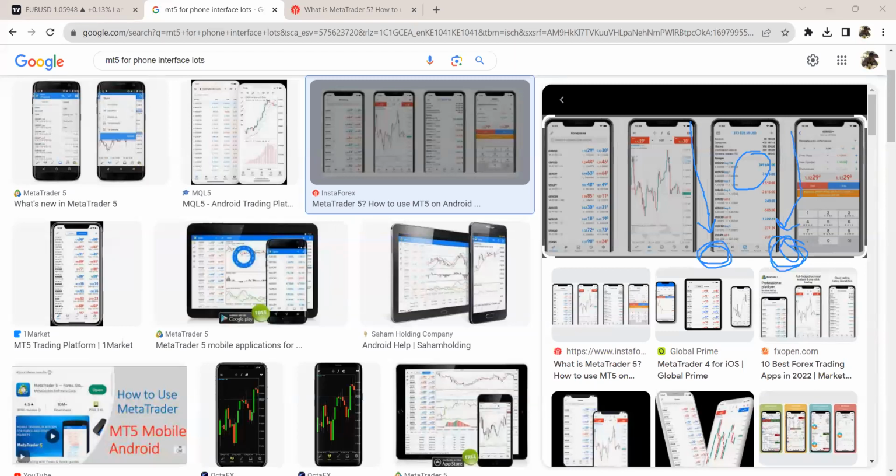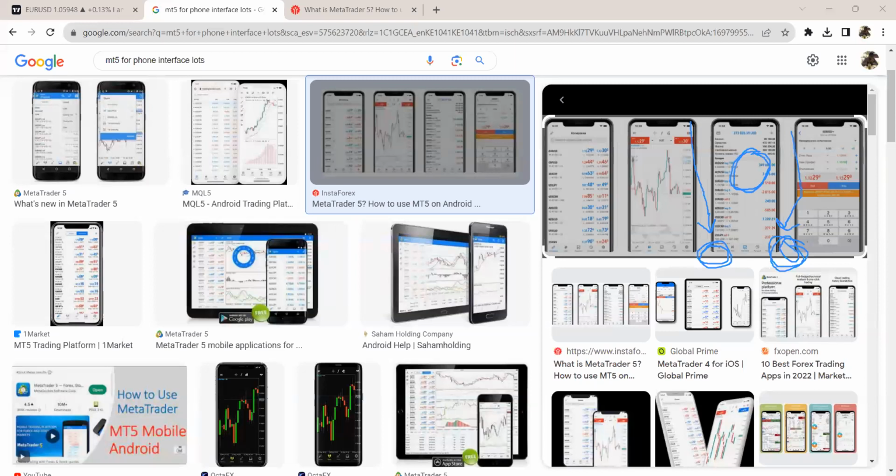Once you click on those, it means you filled the order, so if you filled it at a very high price, you can instantly lose your account. So change this to a lot size that suits your account.